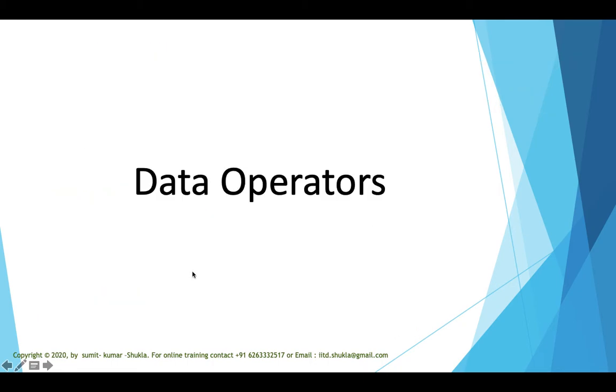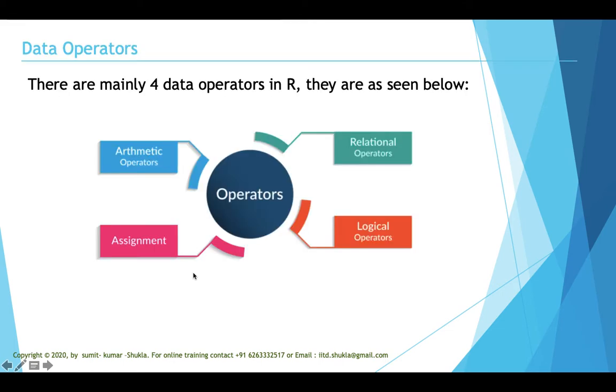Now we're dealing with the data operators. There are mainly four types of operators in R: arithmetic operators, relational operators, assignment operators, logical operators, and many more.